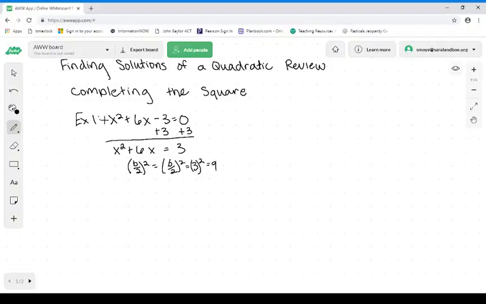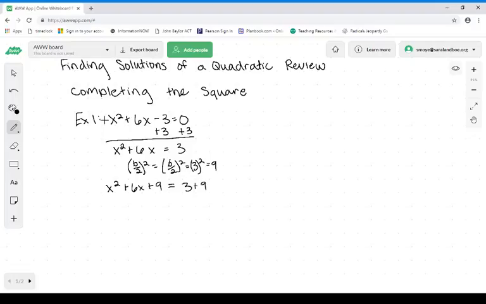And what this helps us figure out is the c value to add that creates that perfect square trinomial. So we have x squared plus 6x plus 9. And the thing is we have just added this 9 into the equation. We cannot change the value of this equation. So what we do to one side of the equal sign, we have to do to the other. So I have to add this 9 on the other side as well.